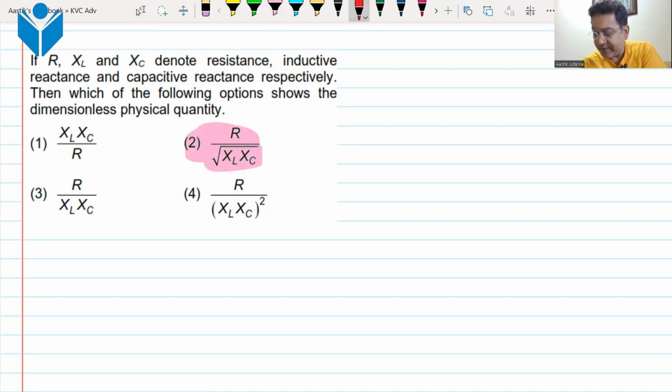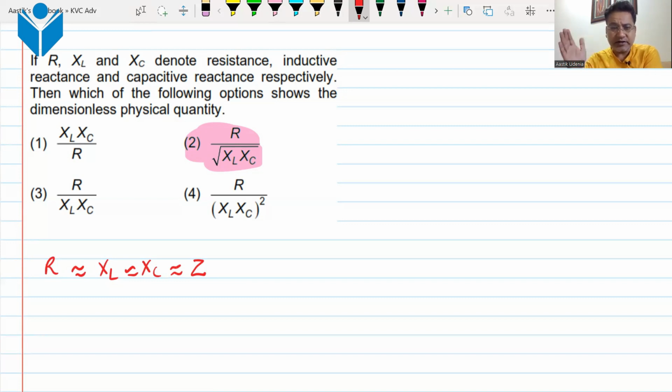Remember, the dimension of R is same as the dimension of XL, ohm, is same as the dimension of XC, is same as the dimension of Z. In fact, resistance, inductive reactance, capacitive reactance, collectively you can call them impedance. If it is a pure resistor, it becomes resistance.